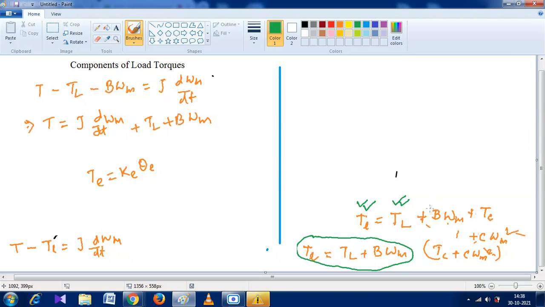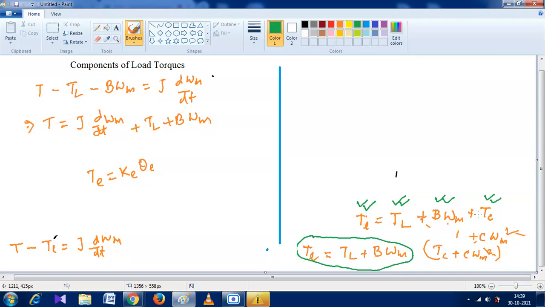And then what is the name of B omega m? It is the viscous friction component. And what is the name of TC? Coulomb friction. These are the frictional torque components.